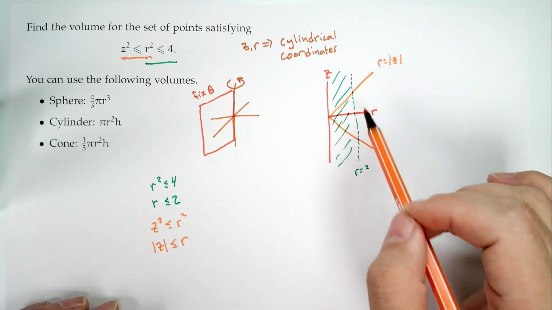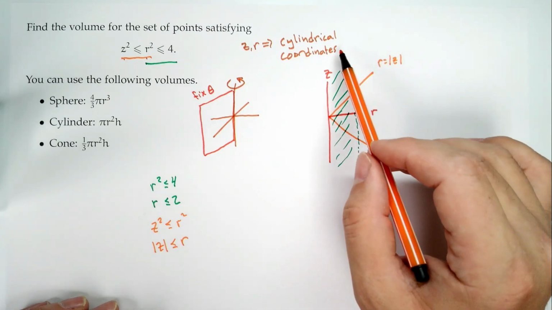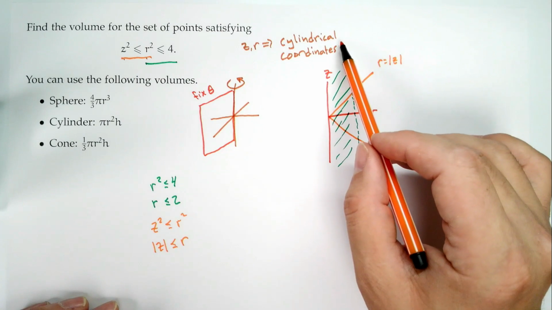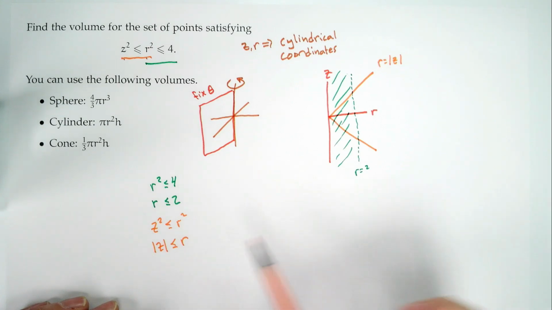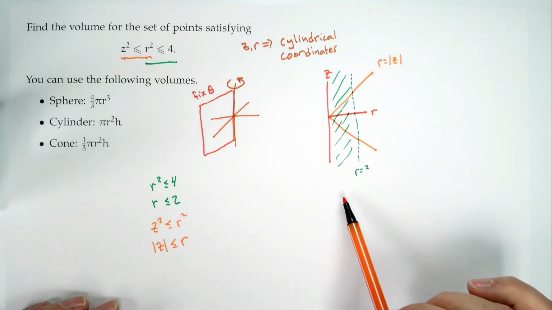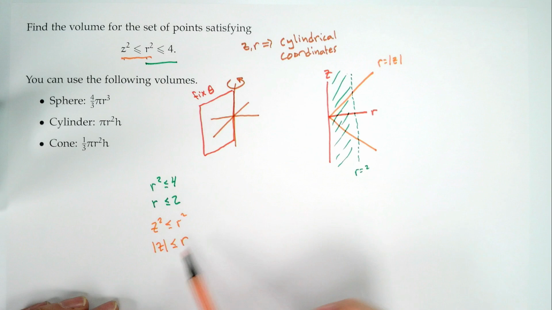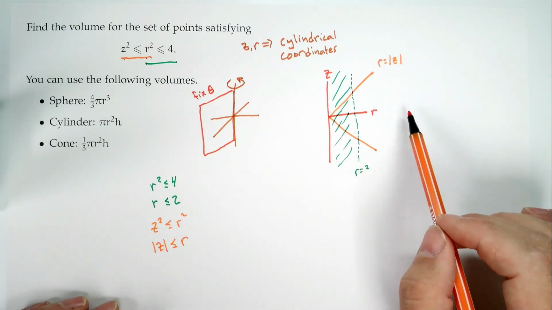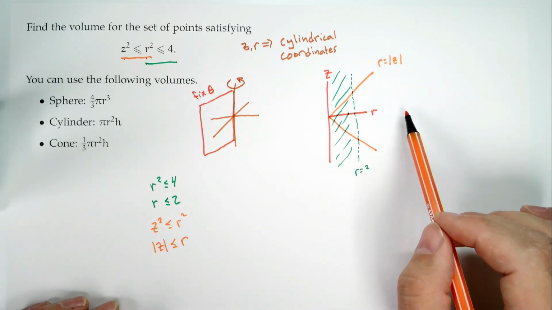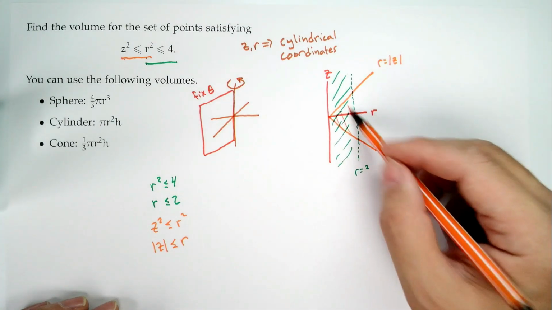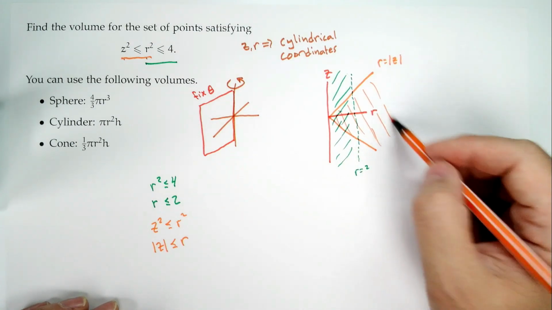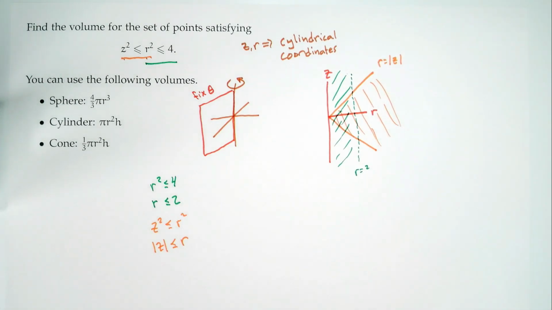If you're not sure, just go to an extreme point. Suppose z is very large and r is very small. Well, then it can't be that the size of z is less than or equal to r. Similar reasoning down here, that also gets ruled out. But if I'm over here, r is very large and z is very small, like 0, no problem. So we get that the other inequality gives us this region.